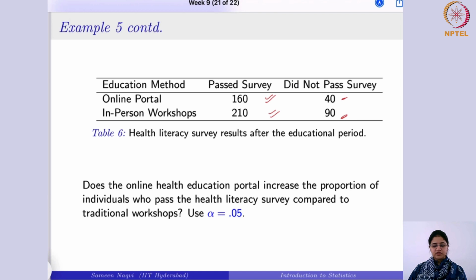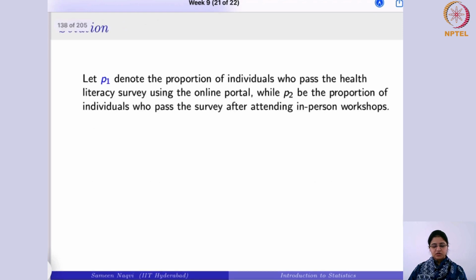So you have to see whether the proportion for online health education is more than that from the traditional ones. So if you denote P1 as the proportion of individuals who pass the health literacy survey using the online portal and P2 for those using the in-person workshops, then you have the alternative that the proportion from online is more than that of the traditional one. So P1 greater than P2.